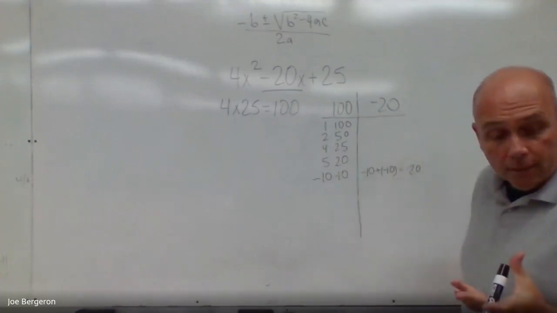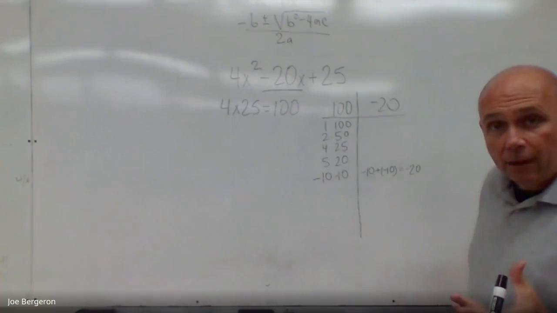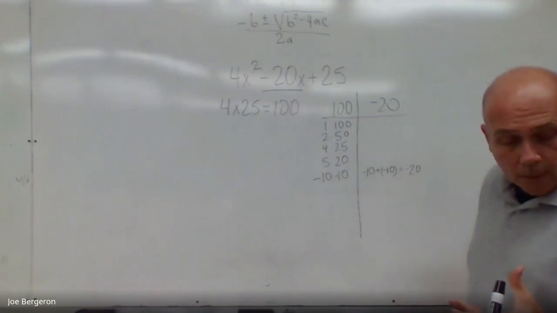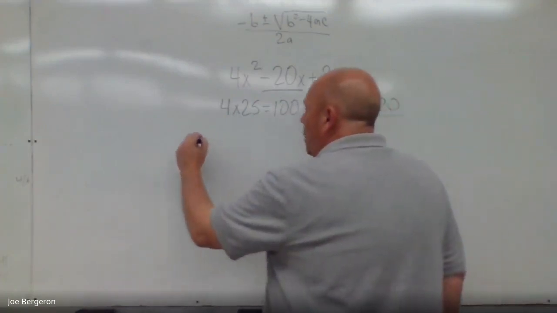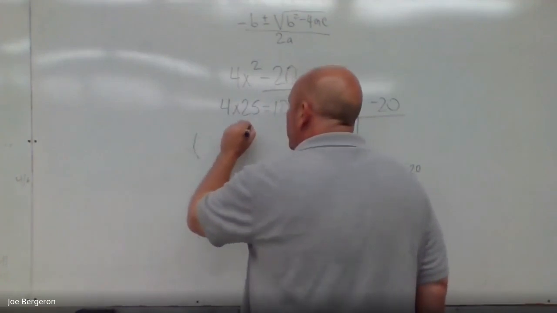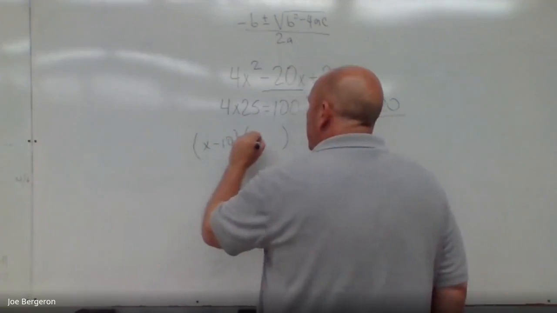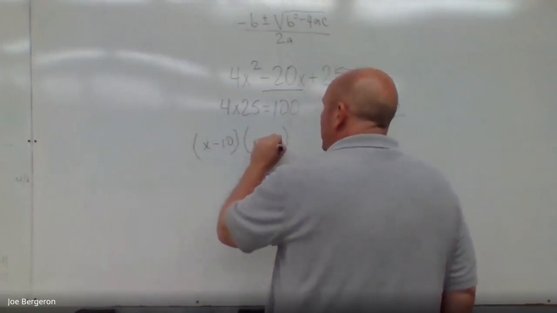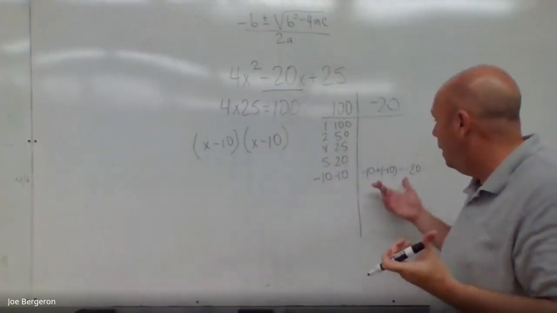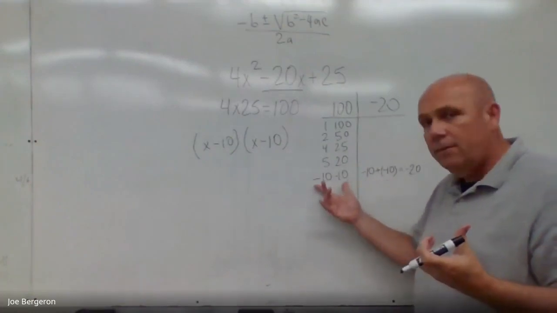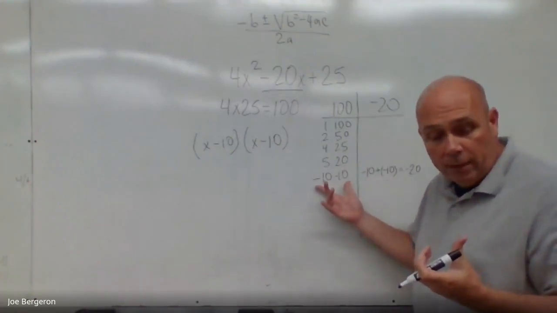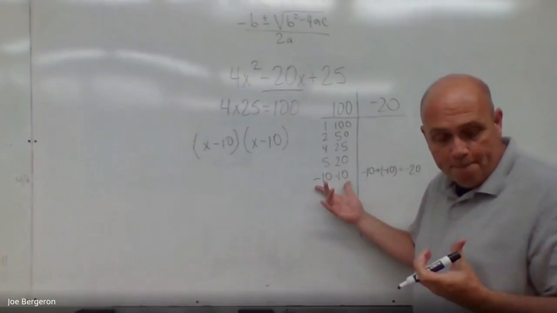Aha. So that helps immensely, right? Okay. So we take it back over here, just like when we're factoring, and we write x minus 10 and x minus 10. Now, why did we do that? Because negative 10 and negative 10 are our factors that we're going to need, right?